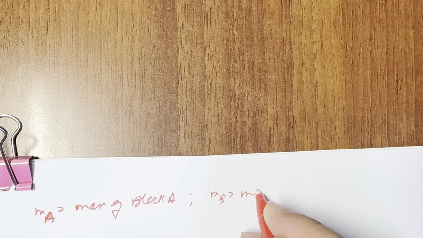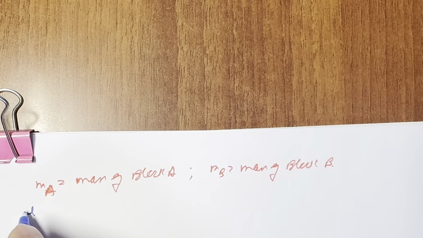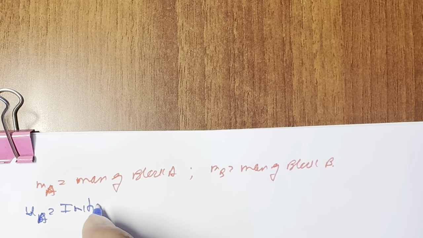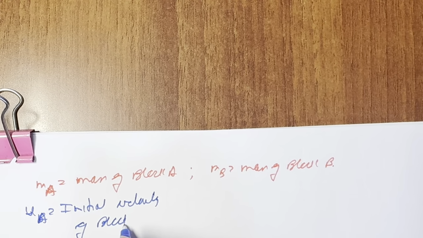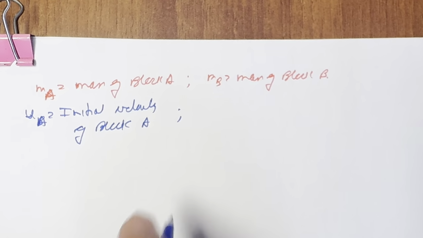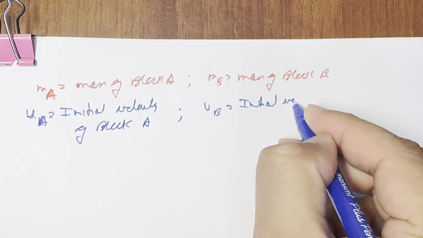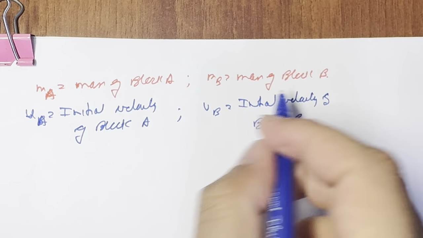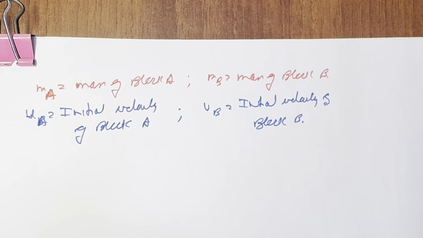MB is the mass of block B. UA is the initial velocity of block A. UB is the initial velocity of block B, and it is given that before collision block B is at rest.